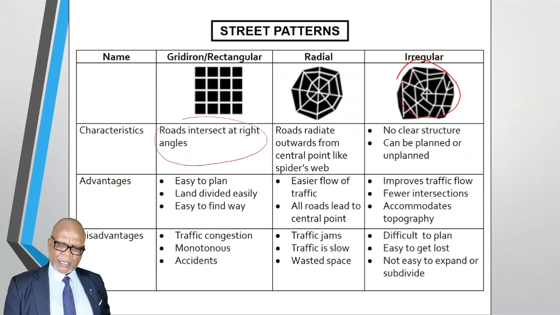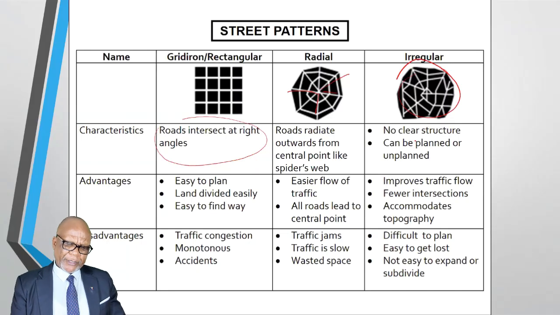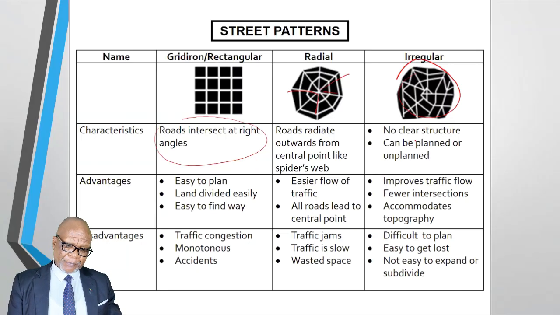And then with radial, the roads radiate, they move away from the central point. And this one has got no clear structure. Like the name says, it is irregular. It does not follow a specific shape. And then what are the advantages of the grid iron pattern? It's easy to plan. Land is divided easily. It is easy to find a way.